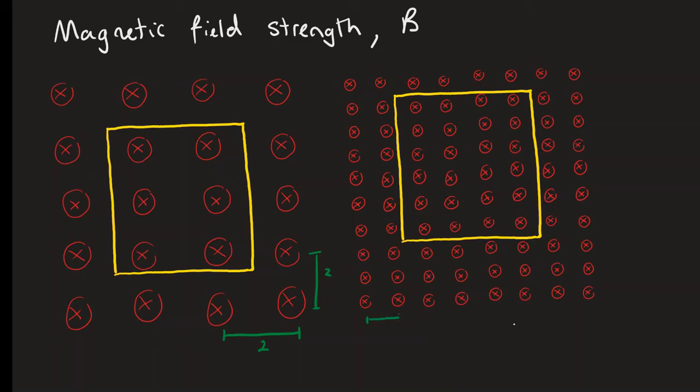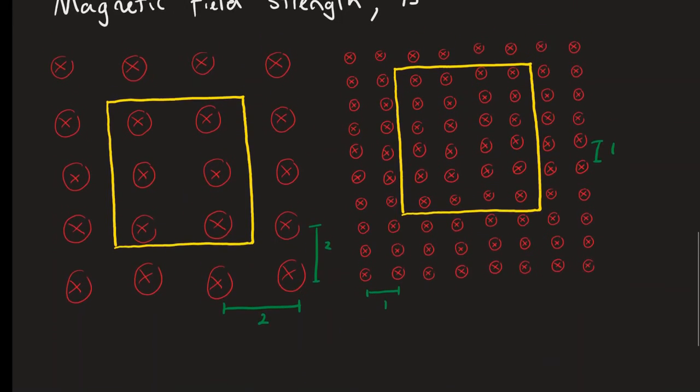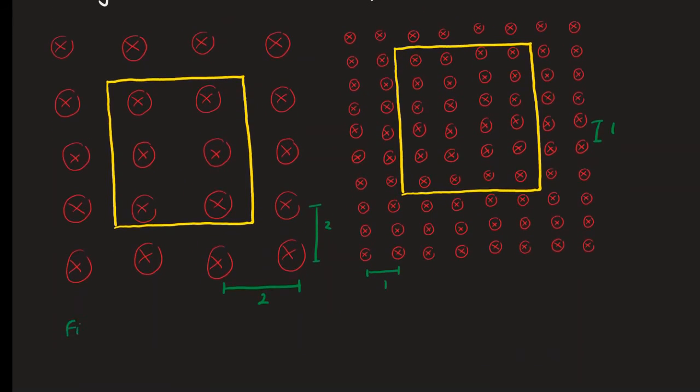And then in the field on the right, the relative spacing is 1, both vertically and horizontally. So the field strength of field 2, the one on the right, is 4 times that of field 1.